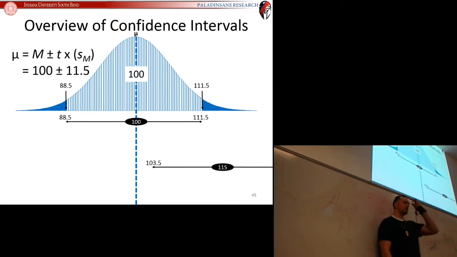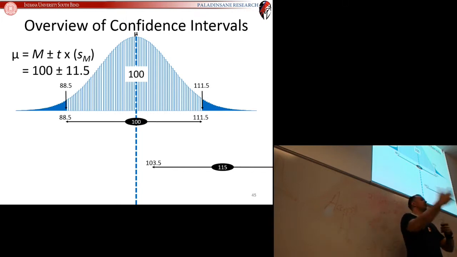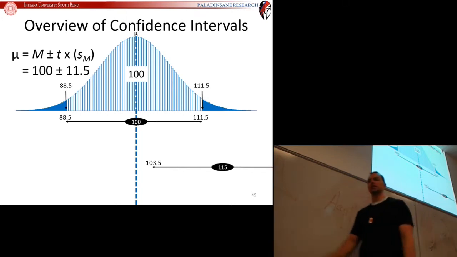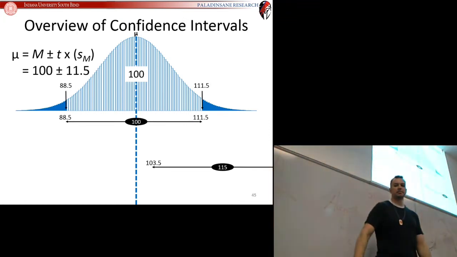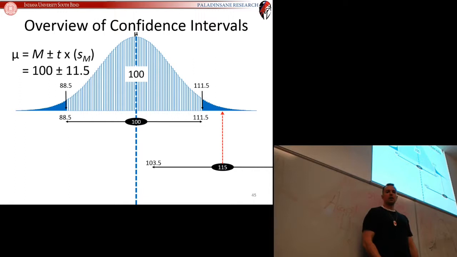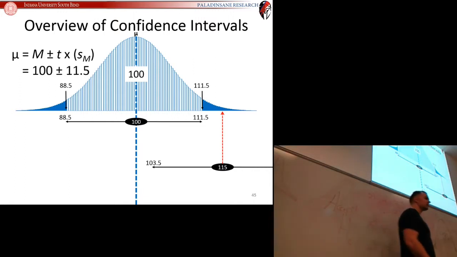It's only when it comes from the tail that you get an incorrect estimation, and you control how often that happens by controlling the size of the tail, and you do that by choosing the t-statistic that makes those tails in the body the size that you want them to be. All right, so that's the overview of confidence intervals. Any questions on that before we put this into practice?